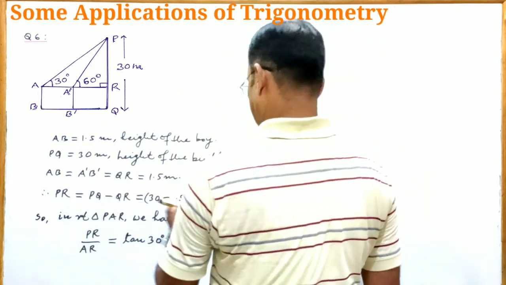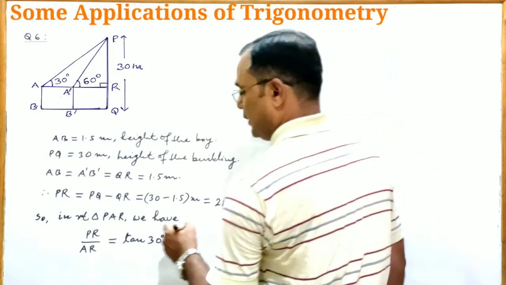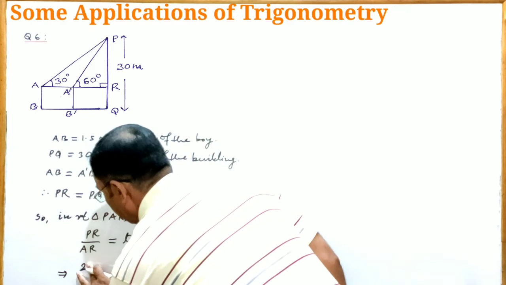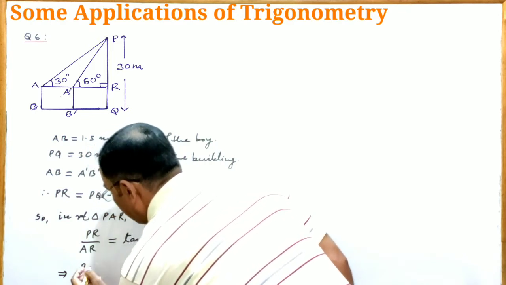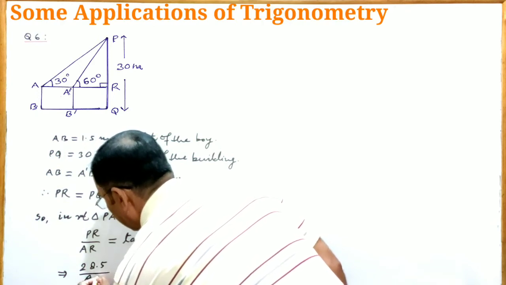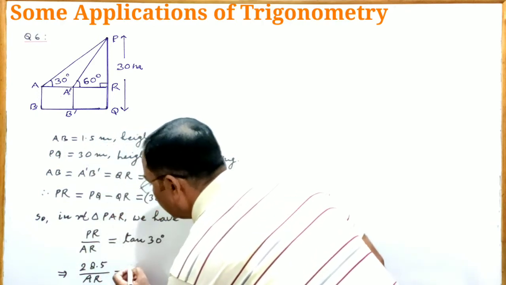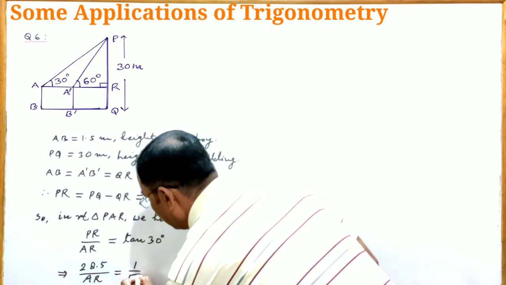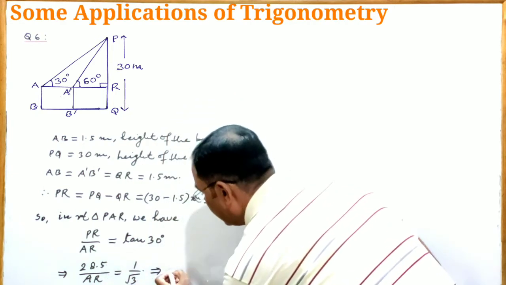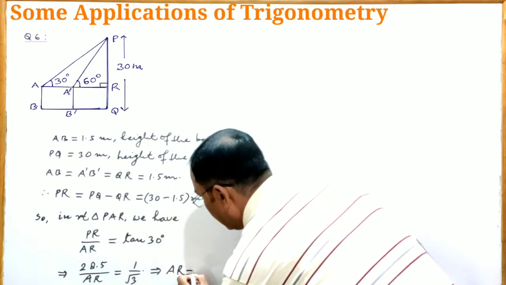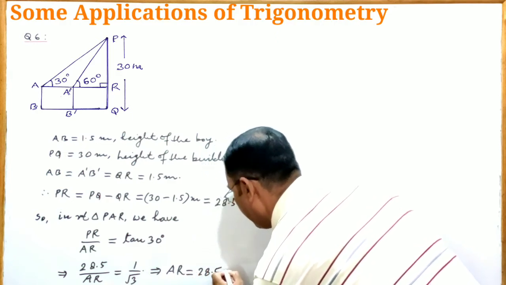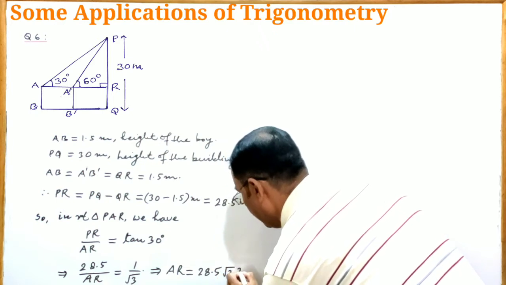PR we have already calculated, 28.5 meter, so 28.5 by AR equal to tan 30 degree, value 1 by root 3. So this implies if you cross multiply, we get AR equal to 28.5 root 3 meter.